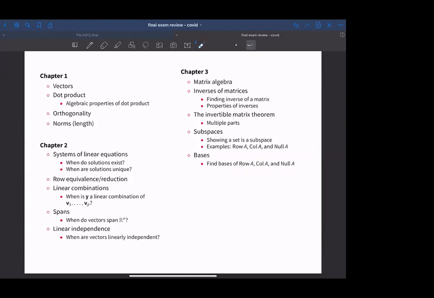So even though not every subspace we see is an example of one of these three things, oftentimes we'll give you problems where you can convert it into a question about a row space or a column space. We talked about the dimension of a subspace. That's just the number of vectors in a basis.